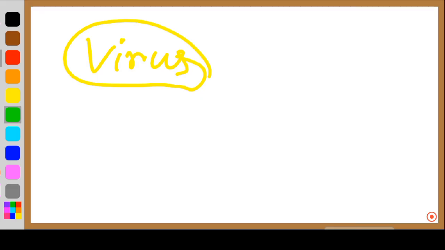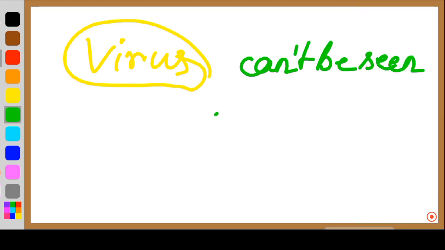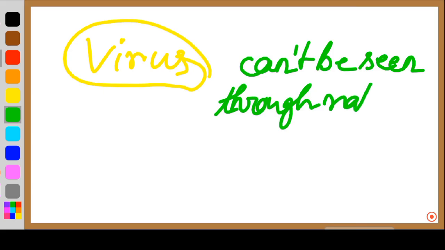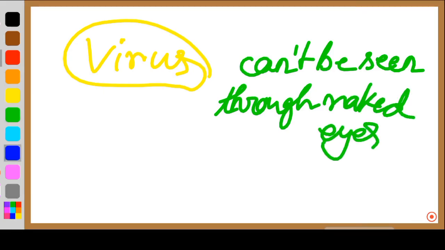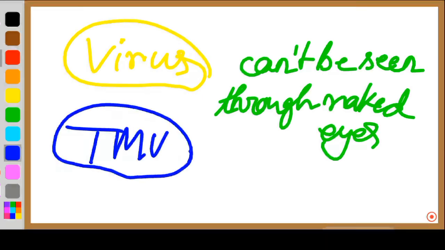Viruses are definitely tiny entities that cannot be seen through naked eyes. And the first virus that was discovered is TMV, tobacco mosaic virus.